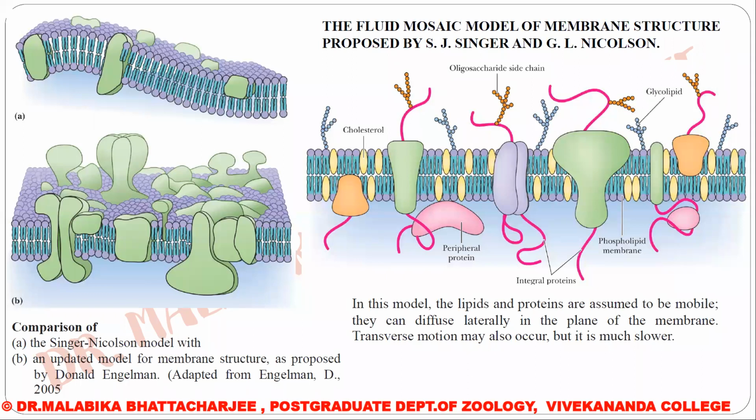One more important property is that the membrane is not rigid. It's not fixed. The molecules in the membrane, that is the proteins and the lipid molecules, are capable of moving. They have this sort of flexibility. Hence it's called fluid, because most of the interactions among the components of the membrane are non-covalent, leaving individual lipid and protein molecules free to move laterally in the plane of the membrane.